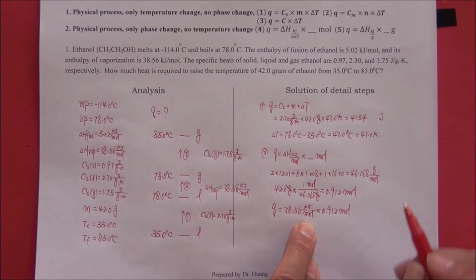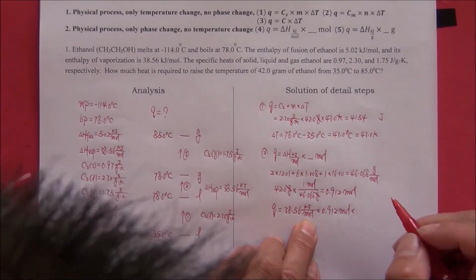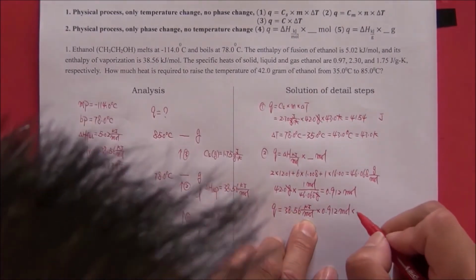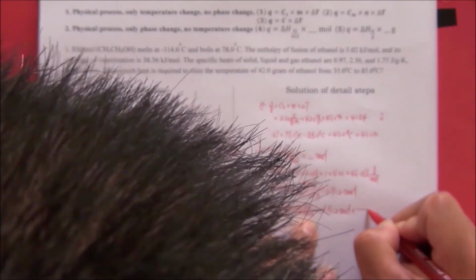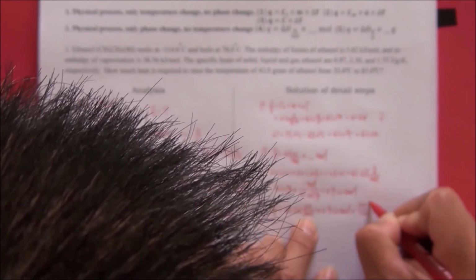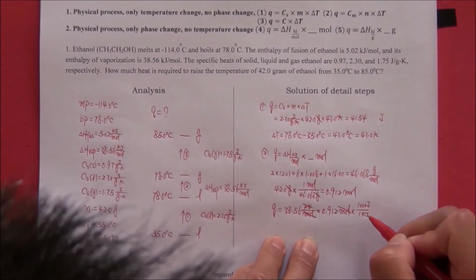Since the unit for step 1 is joules, we want to make sure the unit is the same for all steps. Let's convert this into joules. 1 kilojoule equal to 1000 joule.